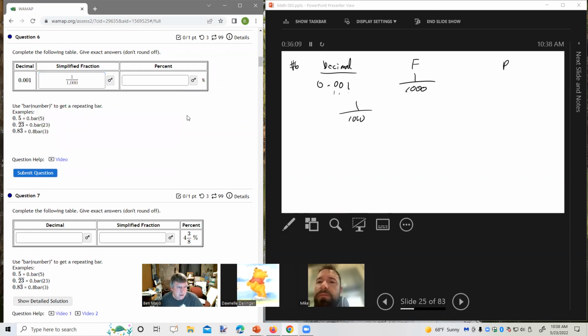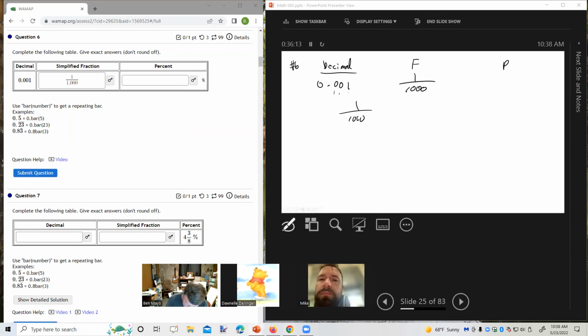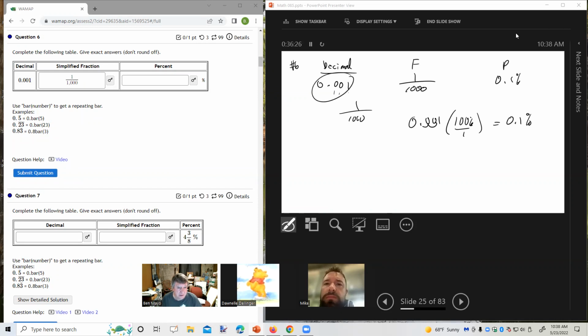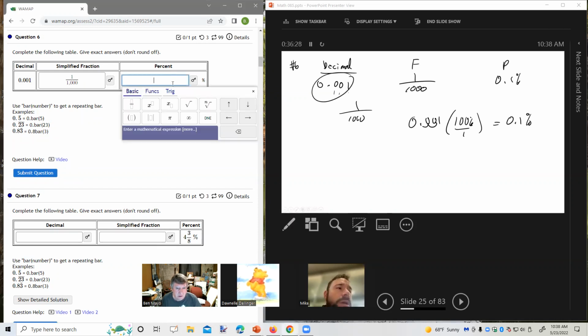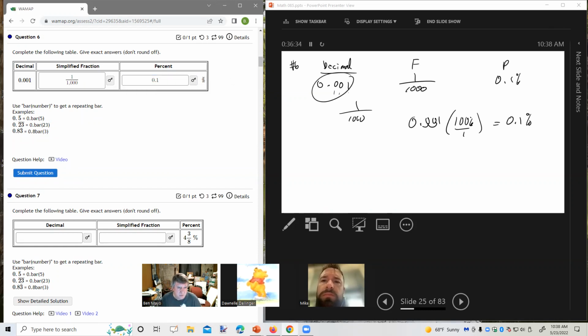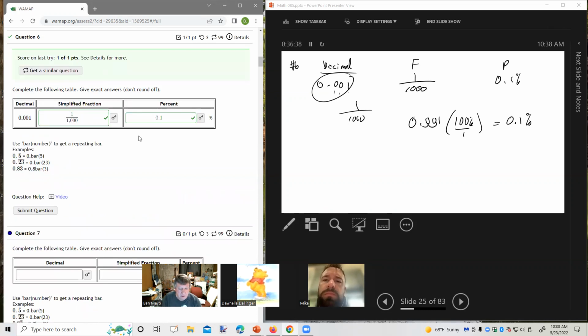Okay. And then as a percent, if we take this and multiply it by 100% over 1, multiplying by 100 moves the decimal point 2 places. So we would get 0.1, and the percent is already out there. Okay.